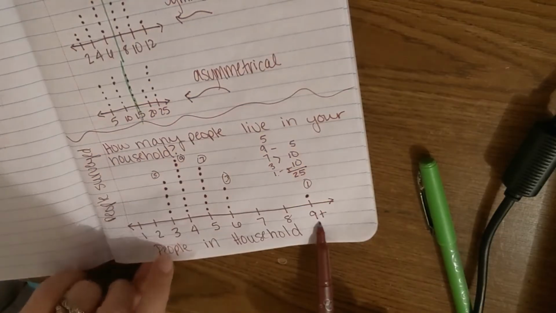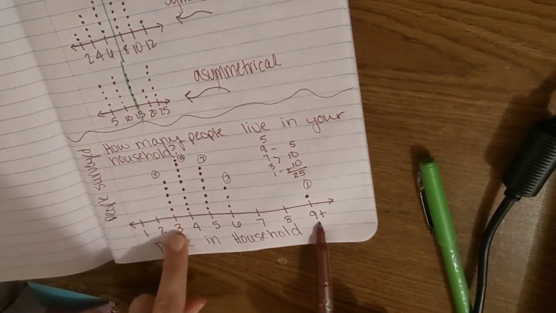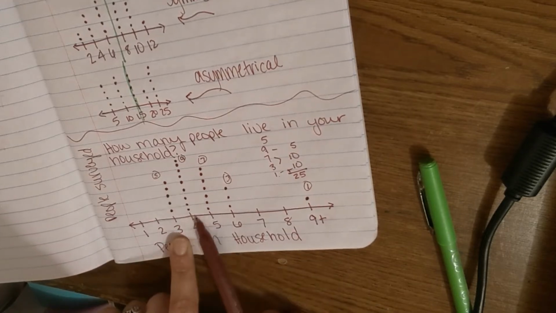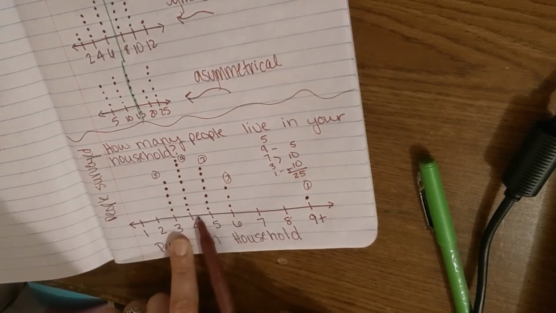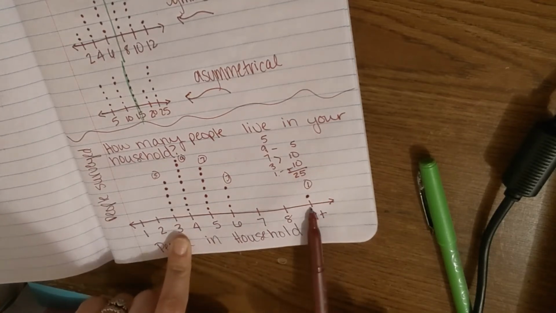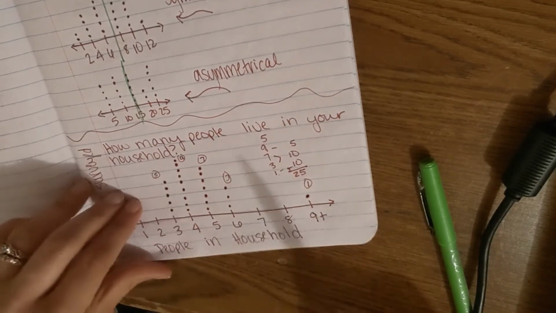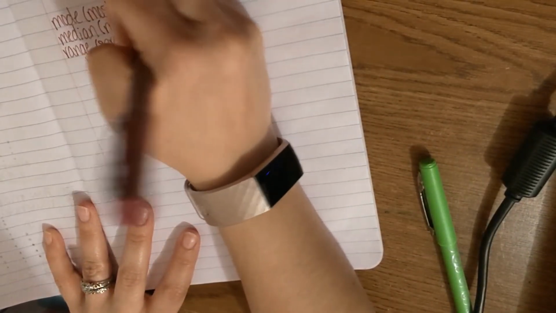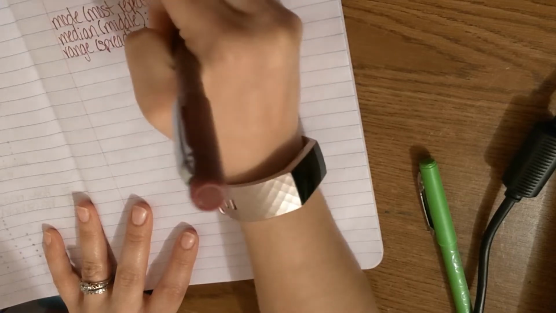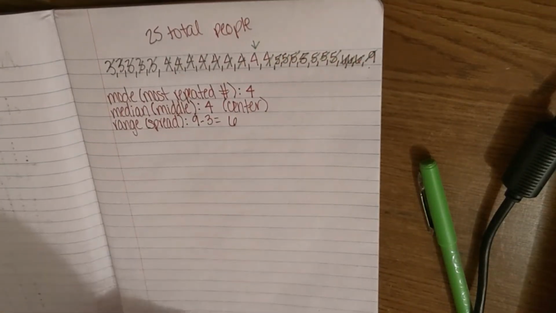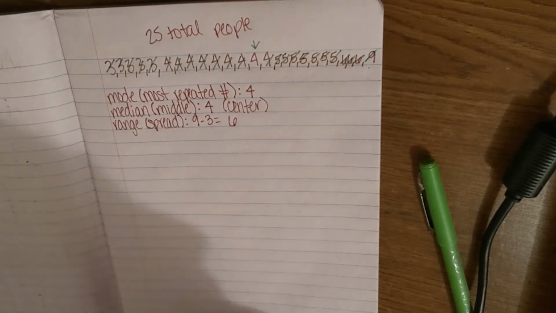So the highest number is 9 and the lowest number is 3. We don't take the highest, like there's 9 4s. We don't take that. We take the highest number on the number line minus the lowest number. So the range would be 9 minus 3, which would be 6.